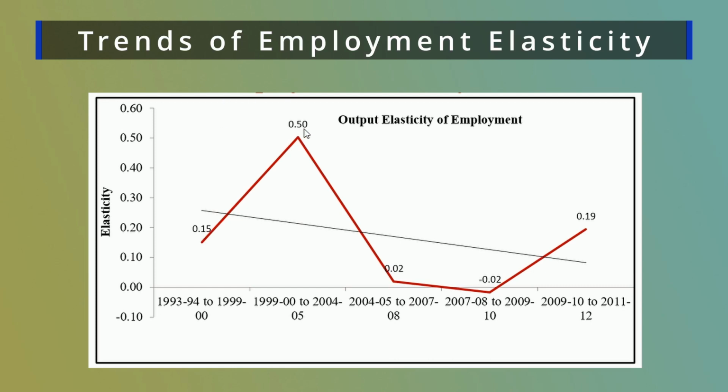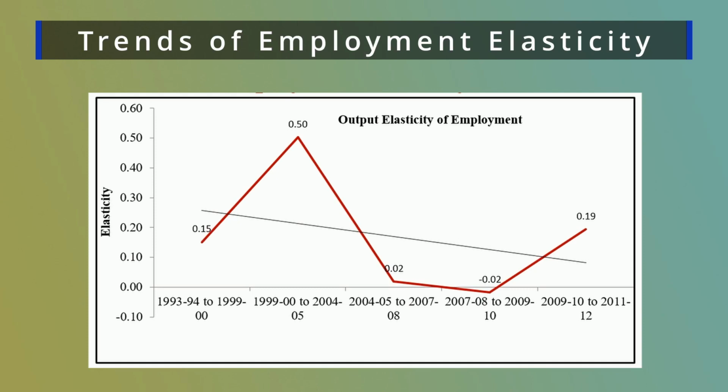And in the next period, the output elasticity of employment decreased to 0.02, and during the period of economic slowdown, that is during the period of 2007-8 to 2009-10, the value of output elasticity of employment was negative due to the implication of the global financial crisis.